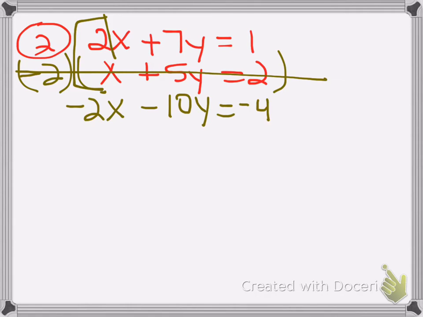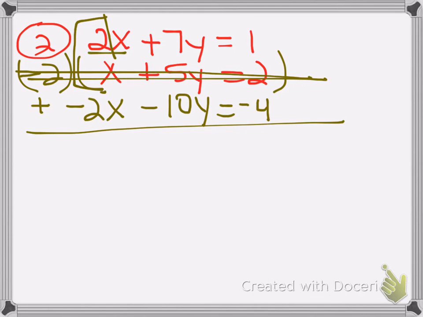Again, I like to just cross that one out that I'm not going to use anymore so I can add straight down. It's a little bit messy to look at, but right here our 2x and our -2x are going to cancel. And then I'll have 7y minus 10y, which is a -3y, and 1 plus a -4, which is a -3.